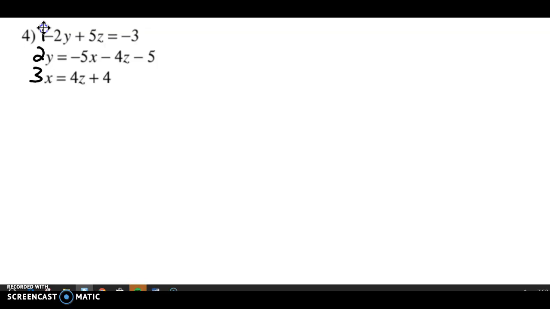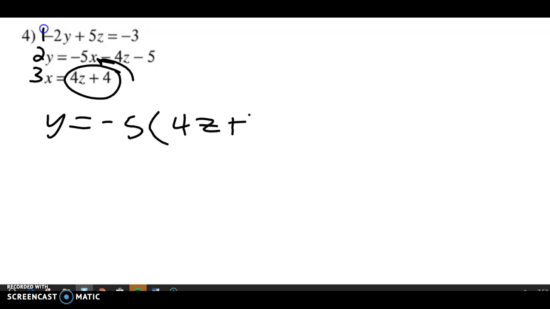so I'm going to take equation 3 and put it into equation 2, and what happens is I end up with equation 1 and my new equation 2 having just a y and a z in it, and then I can solve from there. So when I do this, I get y equal to negative 5 times (4z plus 4) minus 4z minus 5.